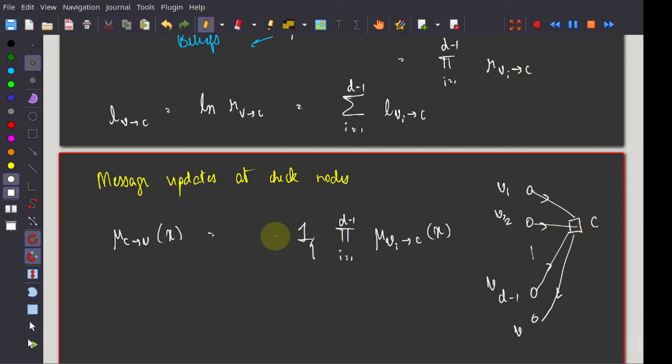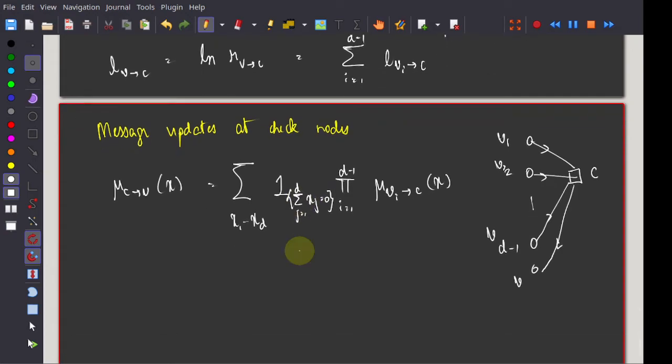The local function is basically the indicator that all of these x_i sum to 0, so the XOR is equal to 0. So this is the message update at the check node.